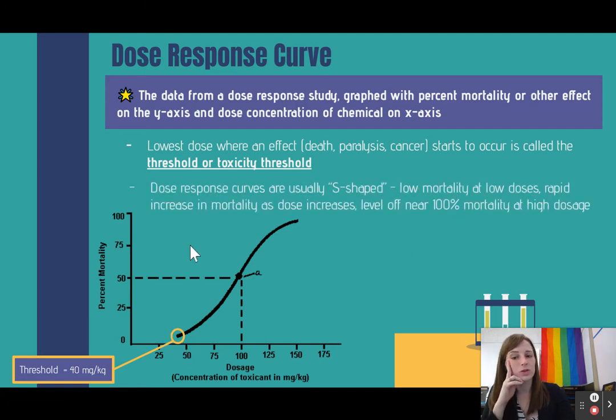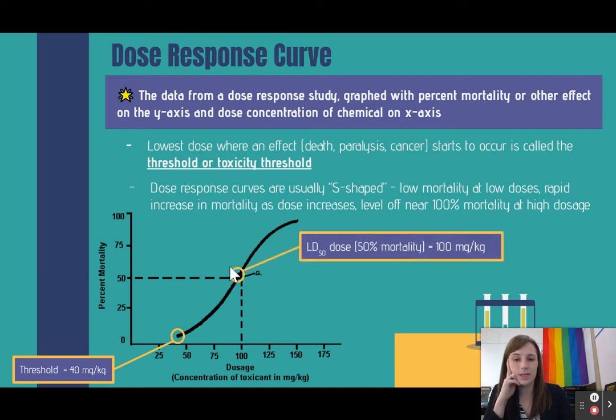And then we have the dose response curve. The whole curve itself is usually S-shaped. We have lower mortality at these low doses and higher mortality at the high doses, and it levels off at about 100% mortality, because if you get so high, eventually they are all going to die off.